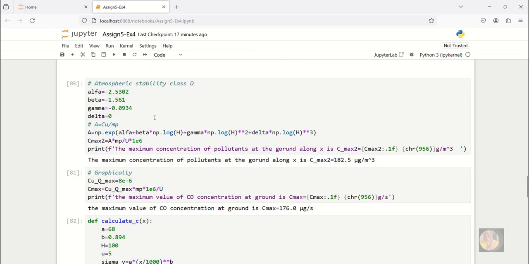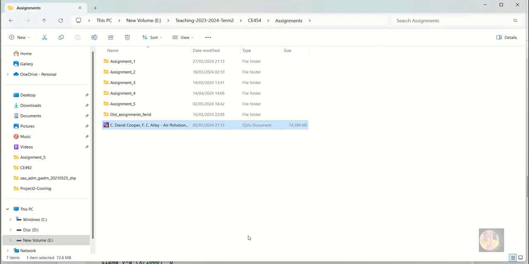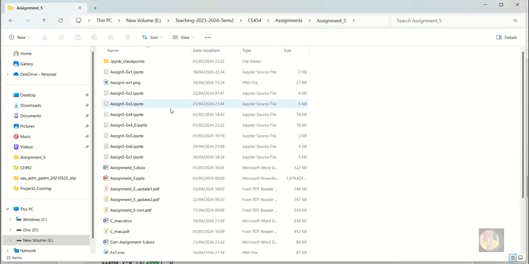Okay, now if you want to calculate the value of Cmax graphically, you have to open this file. I sent you this, I think. So I sent you this Cmax.